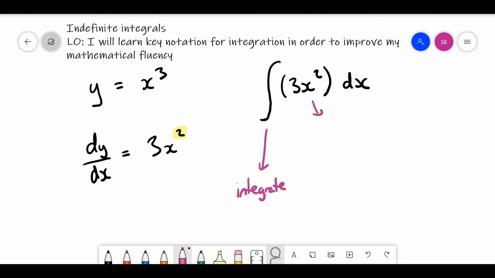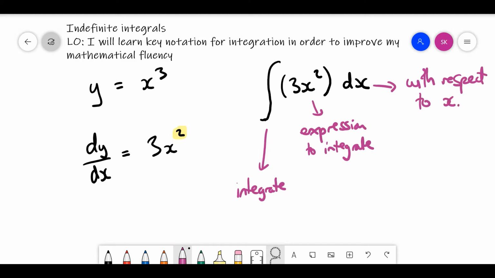This is obviously the expression you're going to integrate. And dx means with respect to x, which basically means it is the power of x that you need to be concerned with.